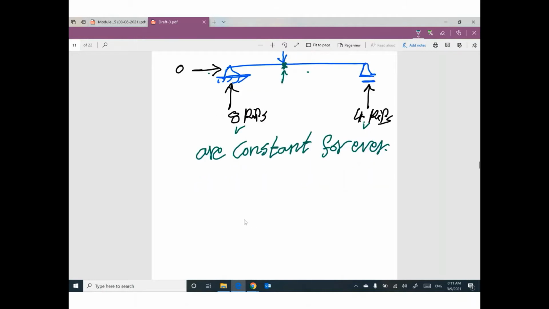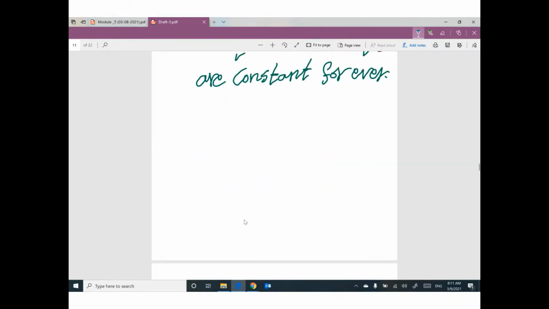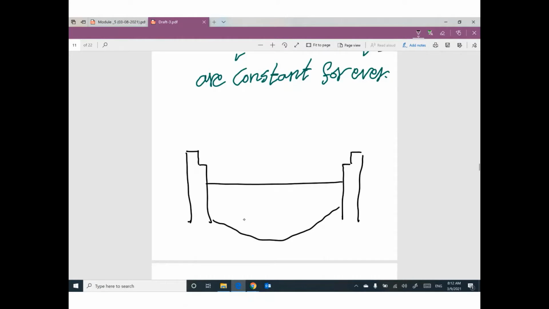What is our topic today? Today, I will talk about something completely different. We have a beam, but this beam is a bridge.